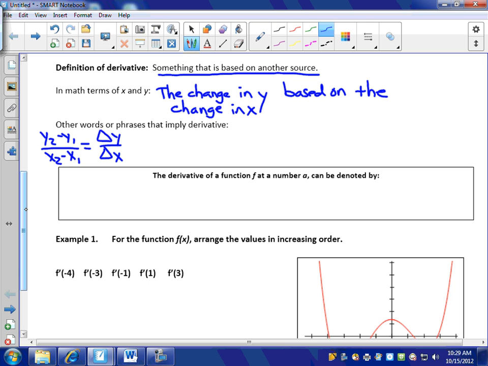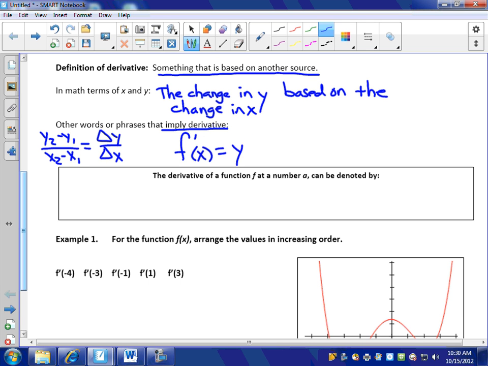The derivative is really when we take the derivative of something, we are operating on it, kind of like when you take the sine of something. And the way that we imply derivative, there's many, many, many notations, and you do need to be aware of all of them. One would be this, f prime of x. So f of x would be the original function, f prime of x would be the derivative.